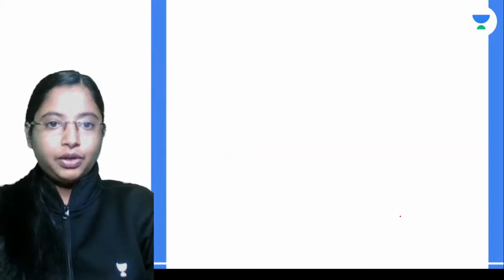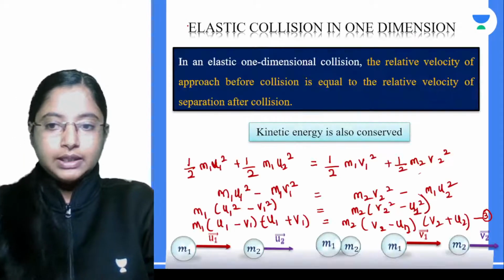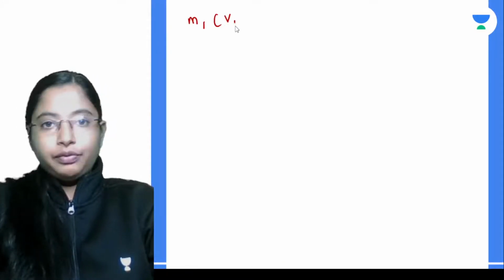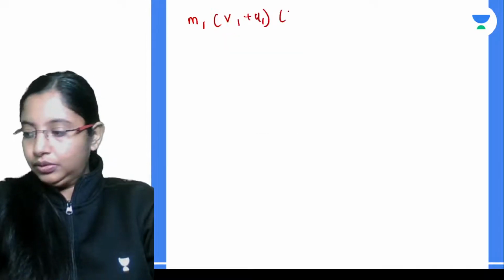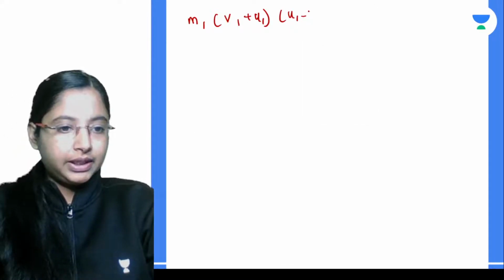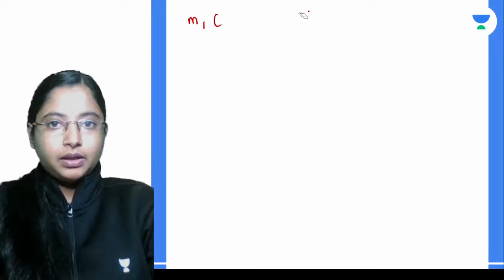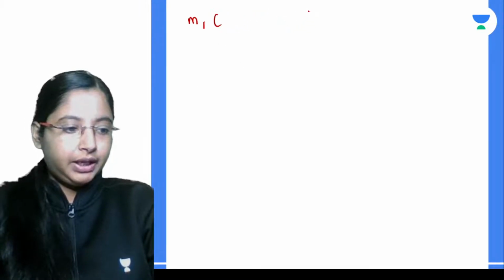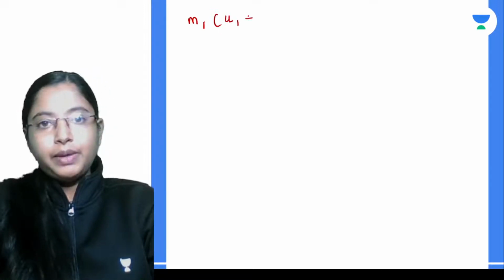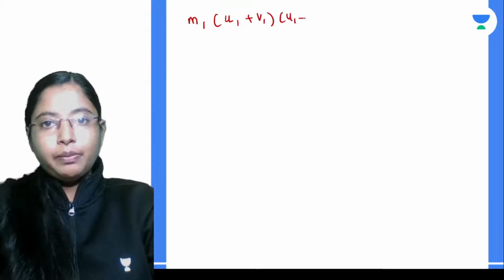Alright, now what we are going to do is divide equation 3 by equation 2. Let's write equation 3 over here: m1 into (u1 plus v1) into (u1 minus v1).